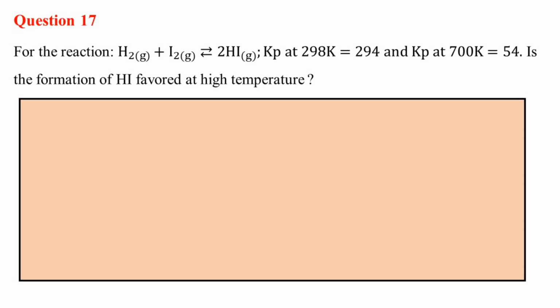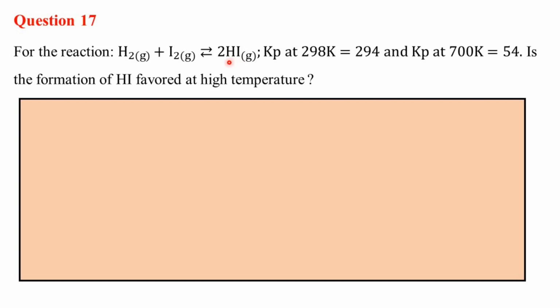So question number 17, they are saying for the reaction given, the Kp at this temperature is equal to this one, and Kp at 700 Kelvin is equal to 54. They are asking is the formation of HI favored at the high temperature. Here we need to check what is the value of Kp at the highest temperature. The HI is the product, and they're asking when the product is favored, is it at the high temperature or low temperature?